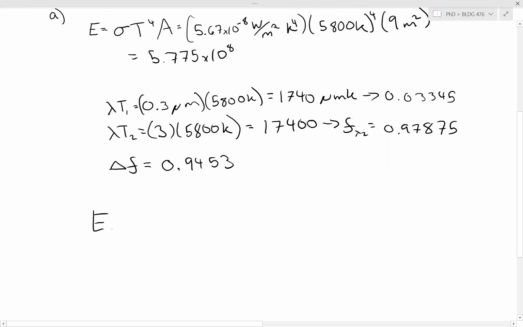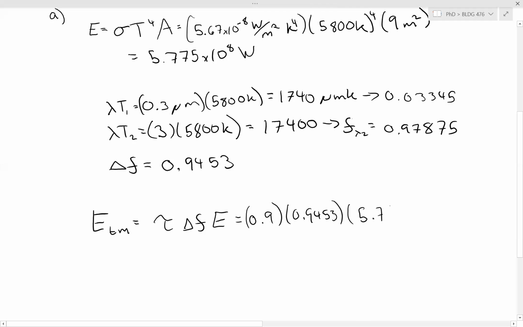So our emission transmitted is equal to our transmissivity, 0.9, times our fraction, 0.9453, times our total emission, 5.775 times 10 to the 8 watts.